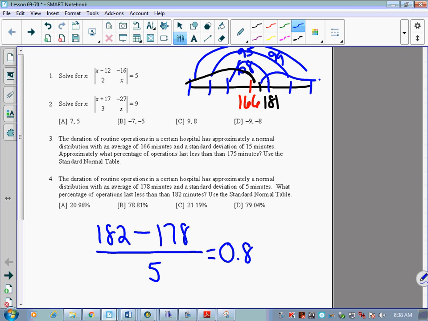Where does that cross at? 0.7881, which as a percent is 78.81%. So it's really not that hard. Remember your formula, get your decimal, go back to your chart, run those two numbers across, and then convert that to a percentage. Okay, we feel pretty good about that?